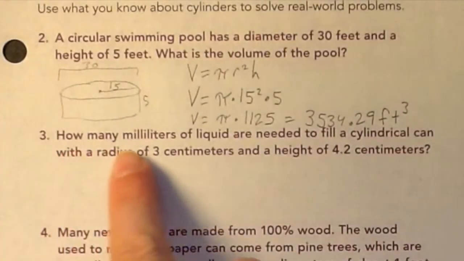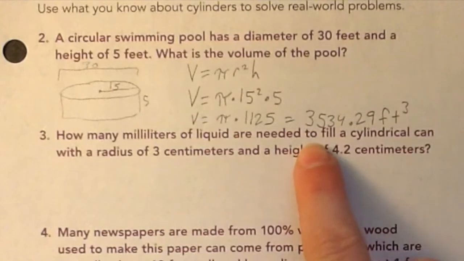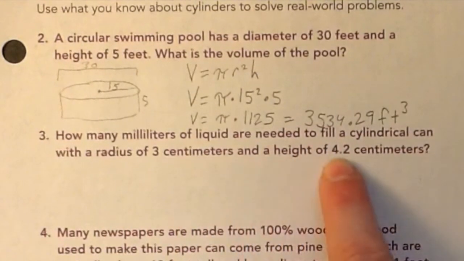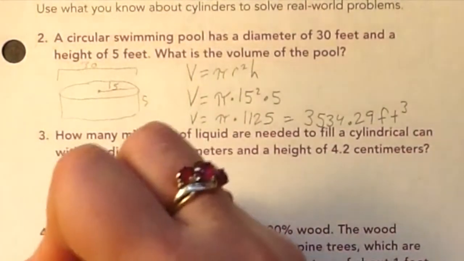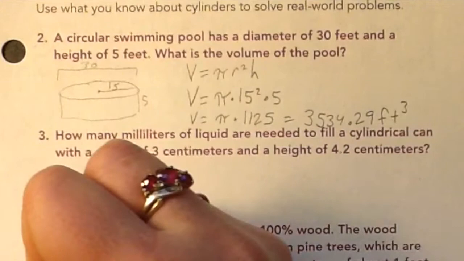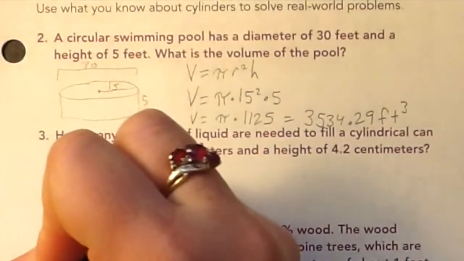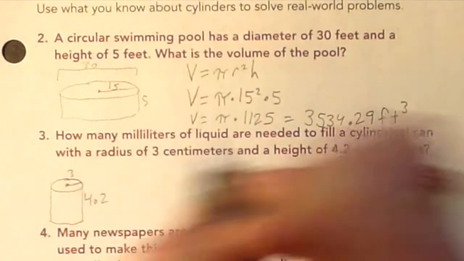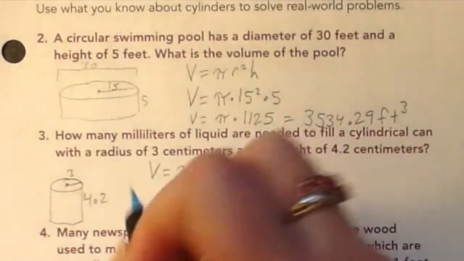Number 3, how many milliliters of liquid are needed to fill a cylindrical can with a radius of 3 centimeters and a height of 4.2? So again, you don't have to draw a picture, just sometimes it helps you visualize what it is you're working with. In this case, they do give us the radius, so that's 3. The height is 4.2. Same formula.